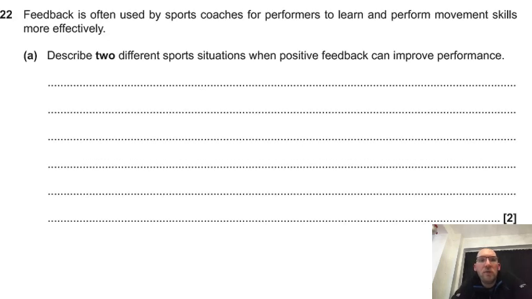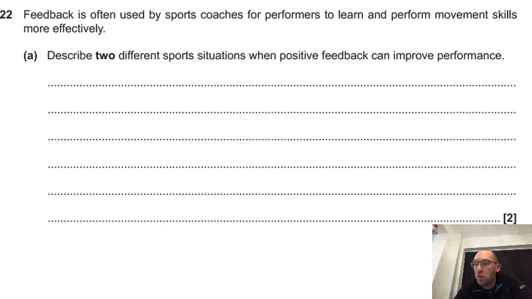So, question 22. Feedback is often used by sports coaches for performers to learn and perform movement skills more effectively. Describe 2 different sports situations when positive feedback can improve performance. Those candidates who achieved both of these marks described fully 2 different sports situations with an example of positive feedback linked to further progress in skill learning or performance.